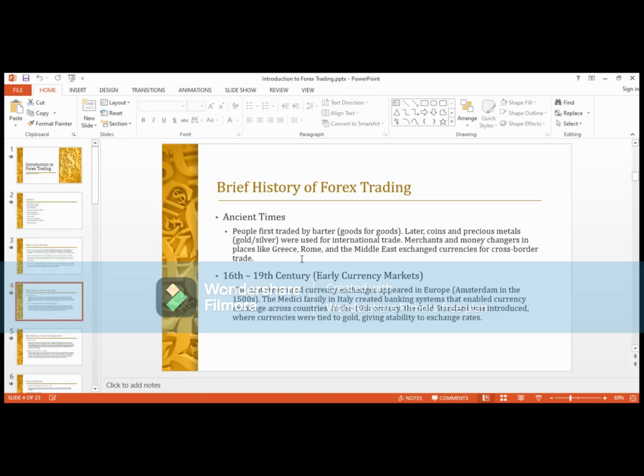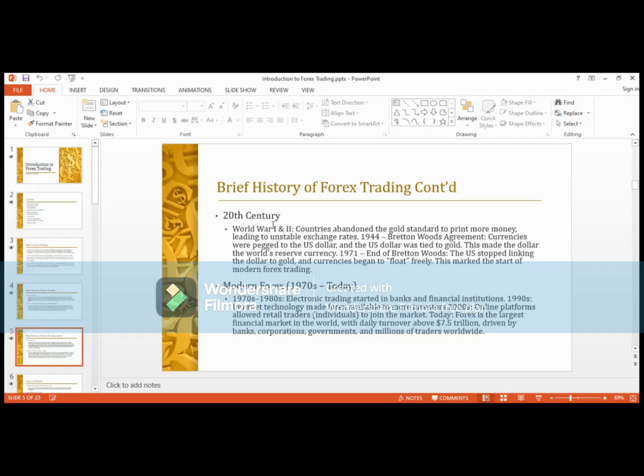The first structured currency exchanges in Europe were in Amsterdam in the 1500s. The Medici family in Italy created a banking system that enabled currency exchange across countries. In the 19th century, the gold standard was introduced, where currencies were tied to gold, giving stability to exchange rates.